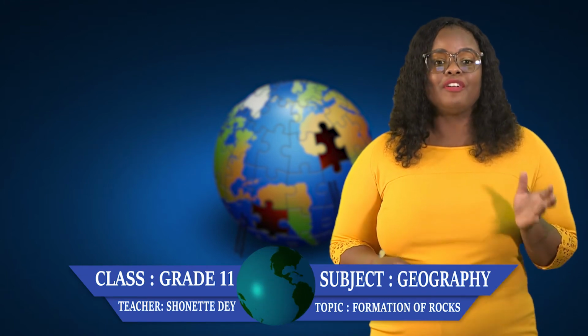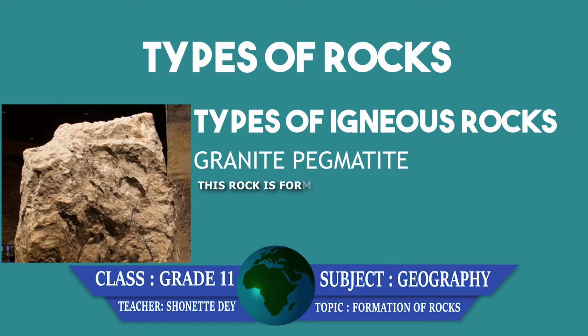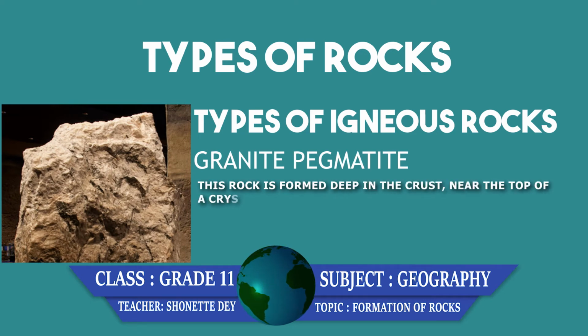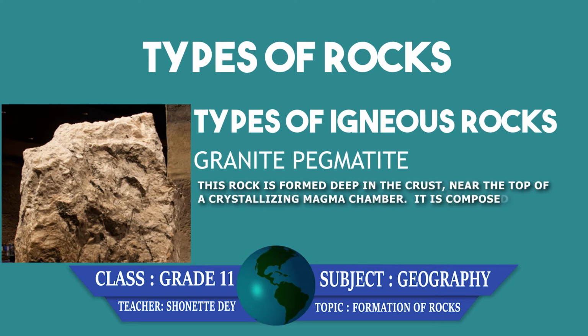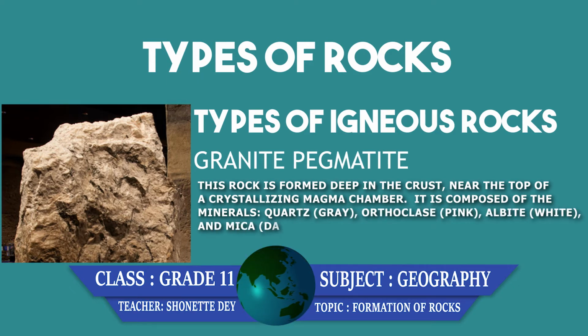Let's look at some types of igneous rocks. First, we have the granite pegmatite. Yes, and if you look on screen, you'll see a beautiful image of this type of rock. So this rock formed deep in the crust near to the top of a crystallizing magma chamber.